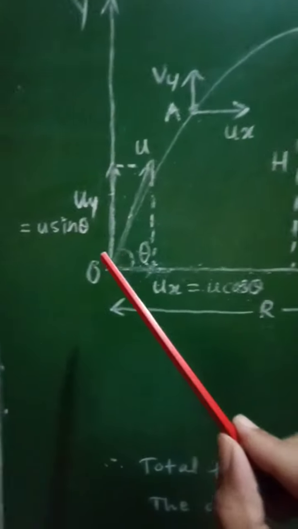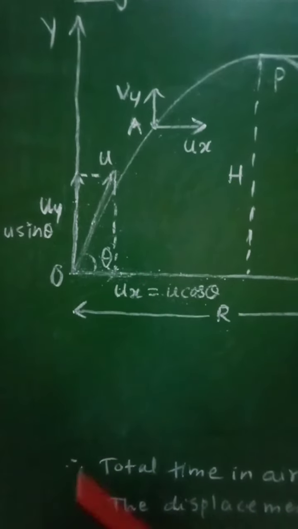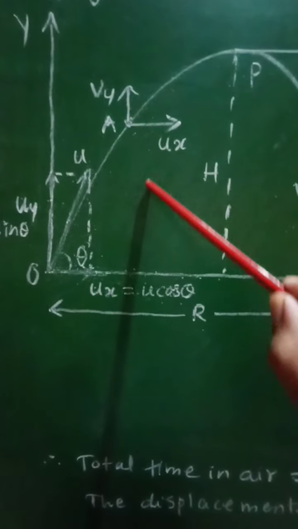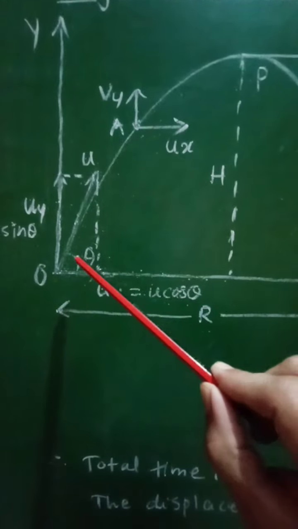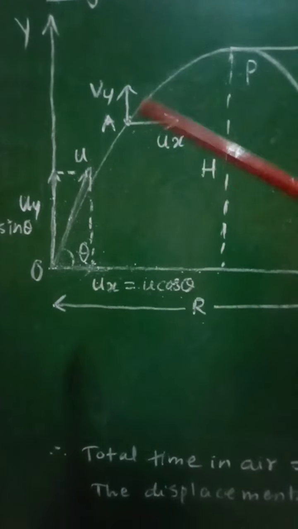But if you consider the vertical component, it will be affected by the acceleration due to gravity, because acceleration due to gravity is directed downward and the projectile is moving upward.